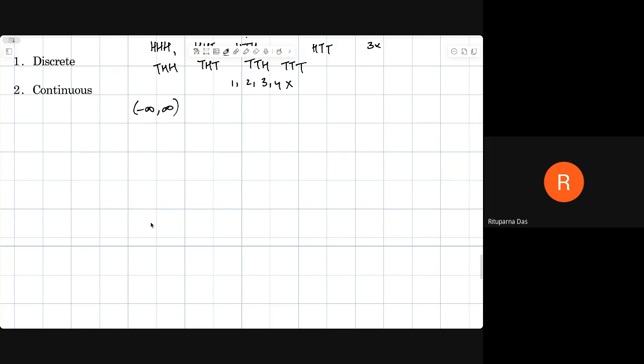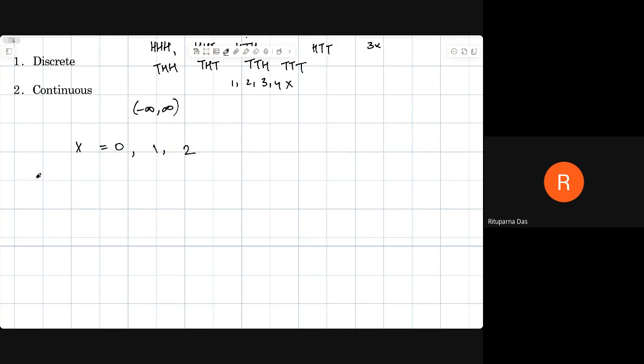So now we look at a probability mass function. For example, the value of random variable is 0, 1 and 2.